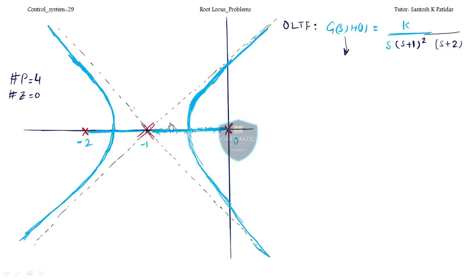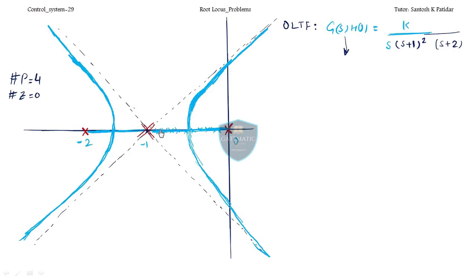Along the asymptotes, your RL branches will go to infinity. Now the question is, why are these branches going to infinity? Because the starting points are poles, and poles start at k equal to 0 and always go to infinity to meet their respective zeros. Let me draw over here.